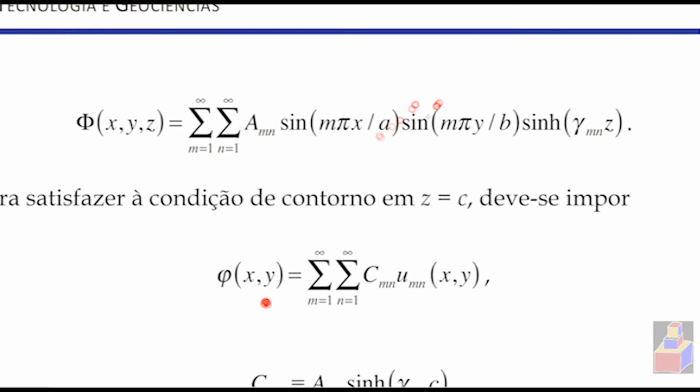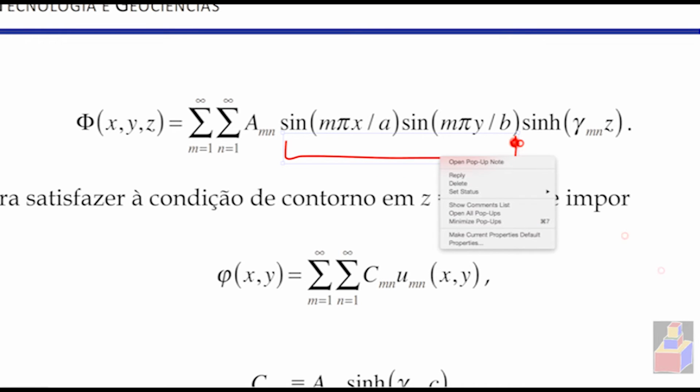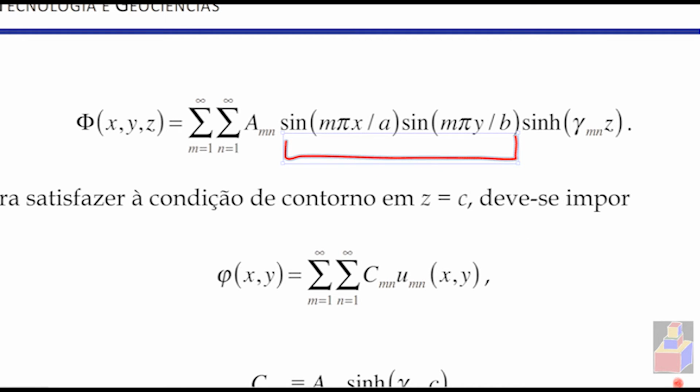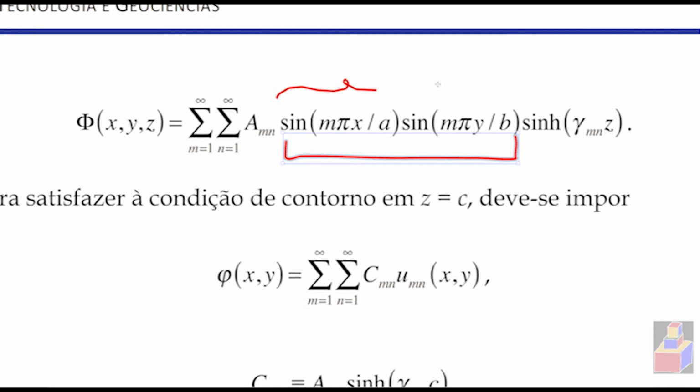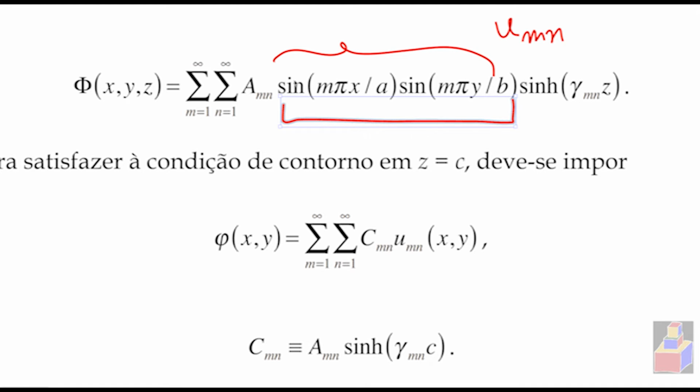Let's call this UMN, which has well-defined orthogonality properties in the two-dimensional region x between 0 and a and y between 0 and b. So if we impose at z equals c that the combination of solutions equals that function.